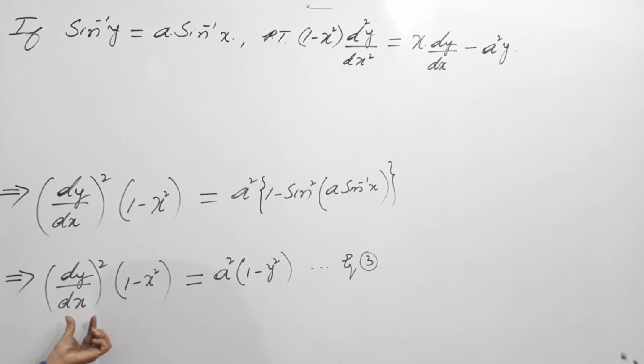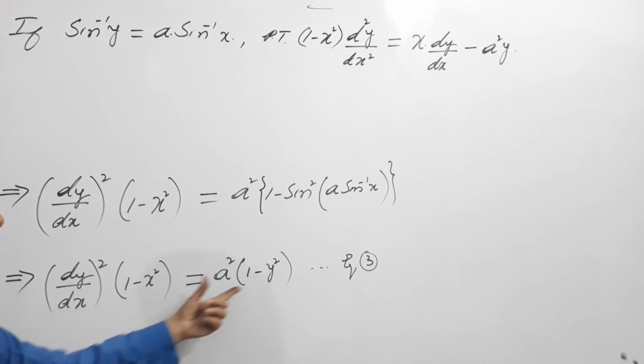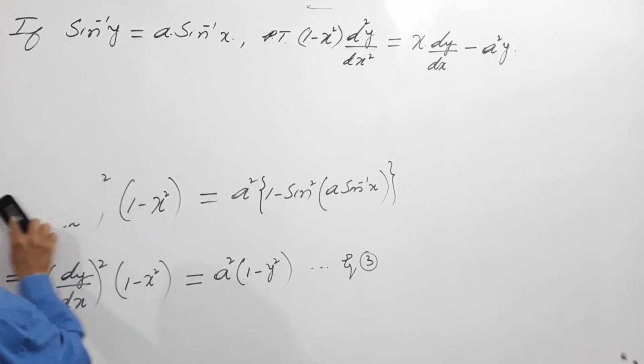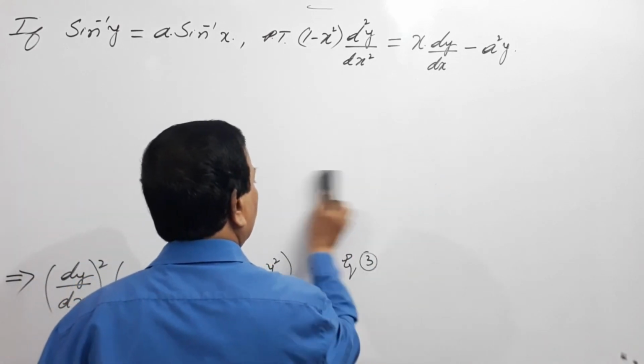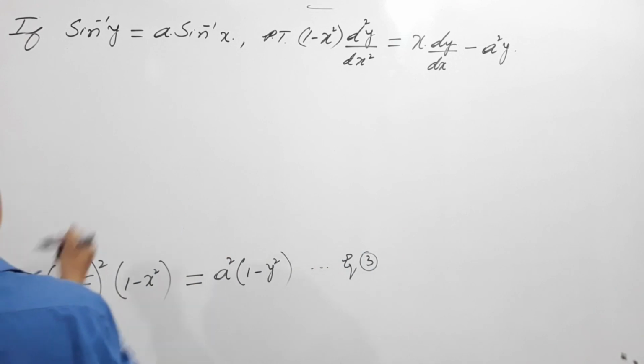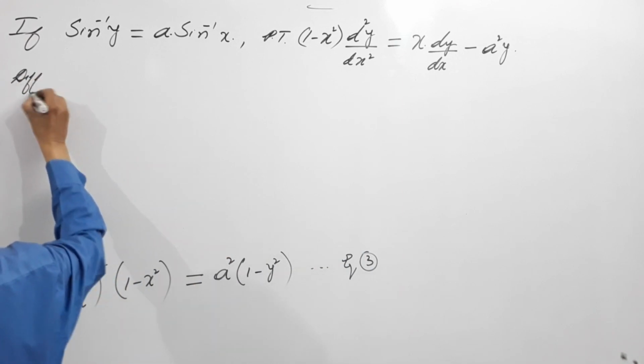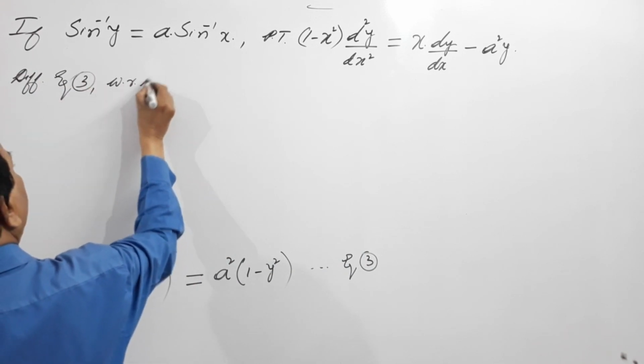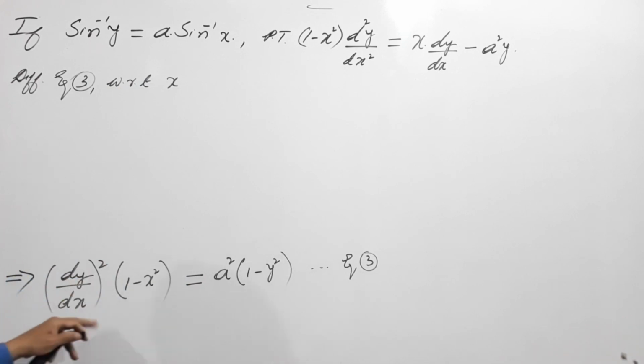Here we have two functions, that is (dy by dx) the whole square into 1 minus x square, and we have here. So what we are going to do? We are going to differentiate both sides with respect to x, and here we have to use product rule, because we have two functions here. So how to go about it? Differentiating equation 3 with respect to x, we use product rule here.